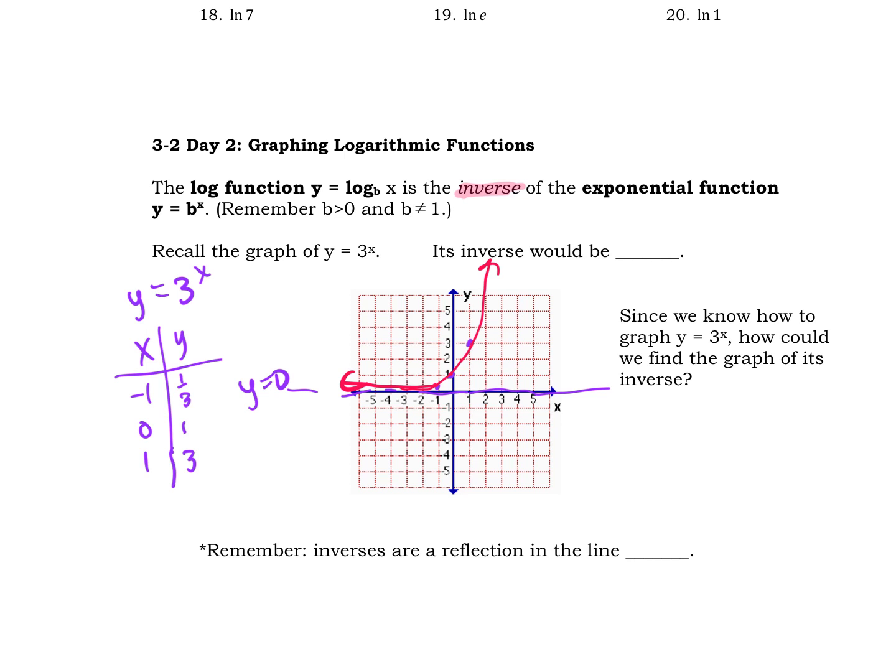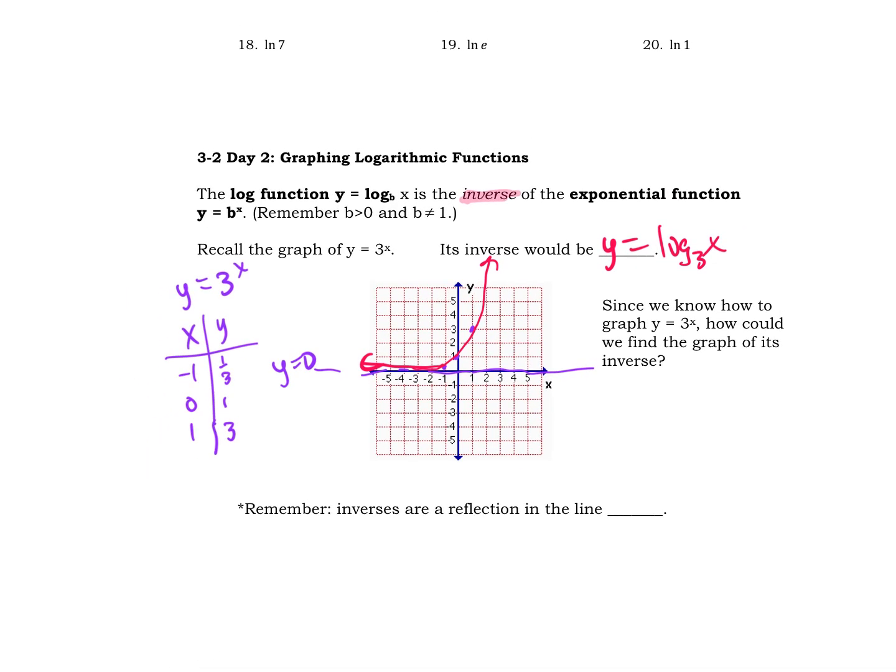The inverse of that would be y is equal to log base 3 of x. Okay? Think about that for a second. If I asked you to rewrite that logarithmic equation in exponential form, right, it would give us 3 to the y is equal to x.